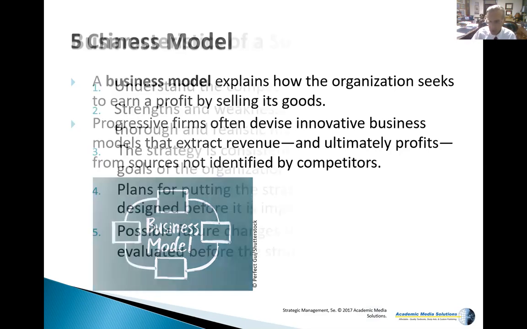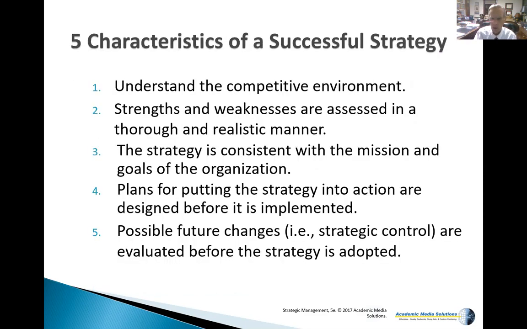Okay, so what then are the characteristics of firms that form strategy successfully? First of all, as we've already pointed out, management needs to really understand what's going on in that external environment because it can't be controlled, but it can be understood.